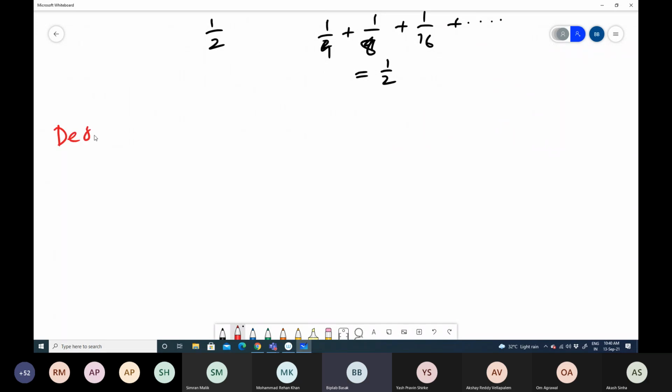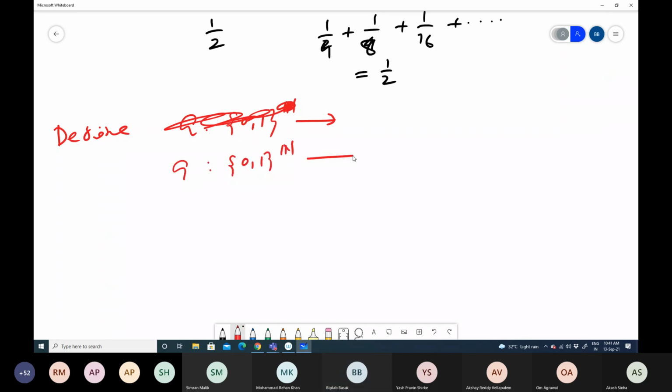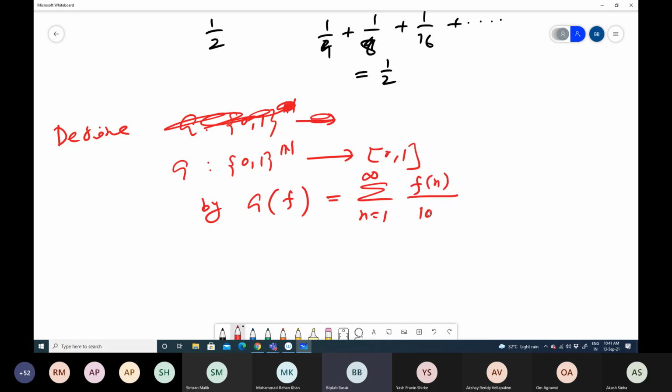Now define, say, capital G from 0 1 power N to 0 1, by G of f equal to summation n equal to 1 to infinity f of n by 10 to the power n.